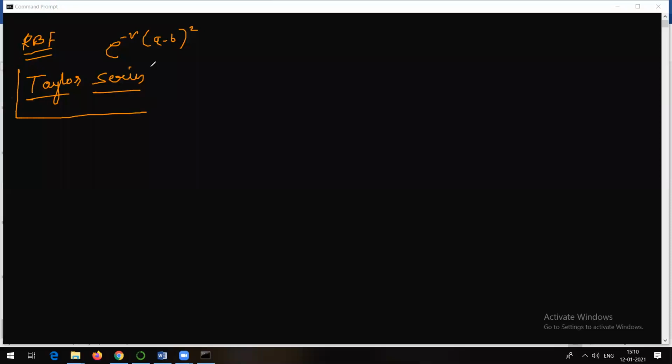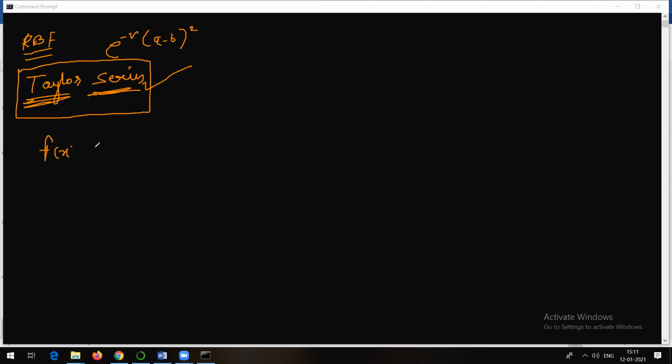I don't know whether you have M1, M2, M3 subjects or not, or in 10 plus 2 you might have come across it. What the Taylor series could do is represent any mathematical function as a sum of infinite numbers. You talk about any mathematical function, it can be represented as a sum of infinite numbers with the help of Taylor series.